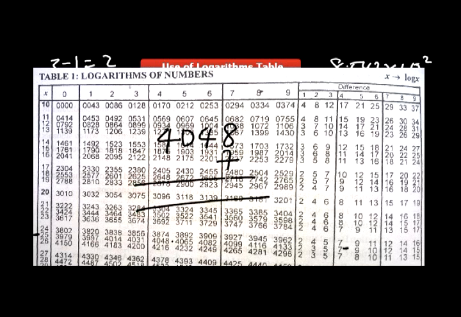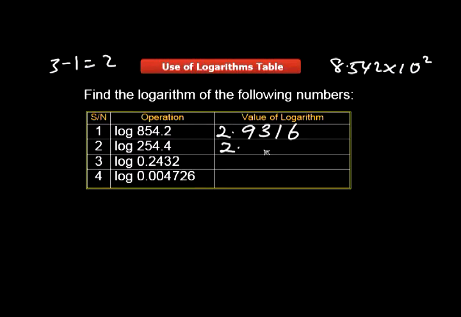So you have 7 plus 8 is 15. Carry 1. 1 plus 4 is 5. Here is 0, here is 4. So that is 40, 55. Okay, the logarithm is 40, 55. And coming here, we have 40, 55.